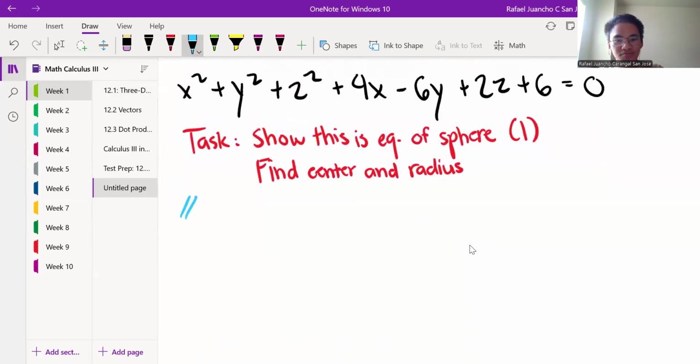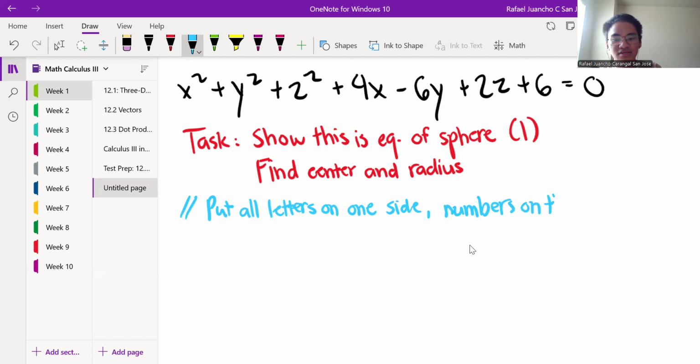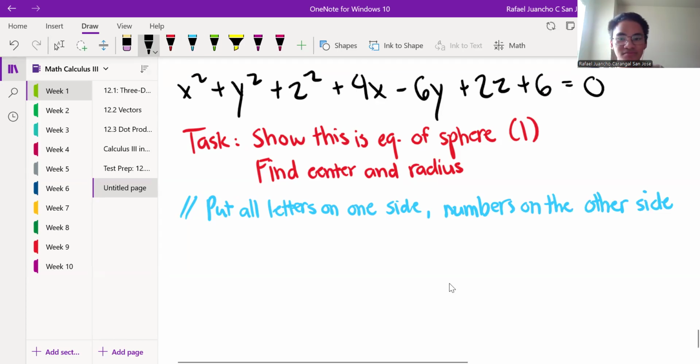So what we're gonna do is put all letters on one side, numbers on the other side. So it's really just algebra manipulation from high school.